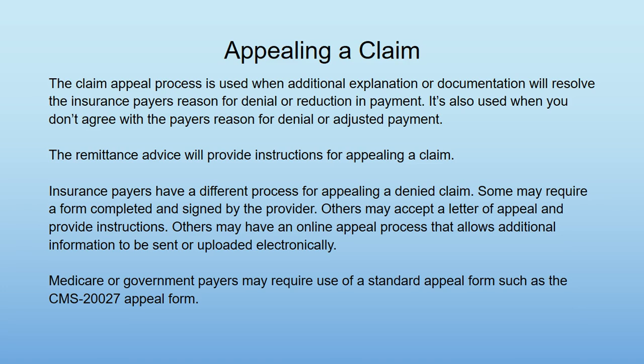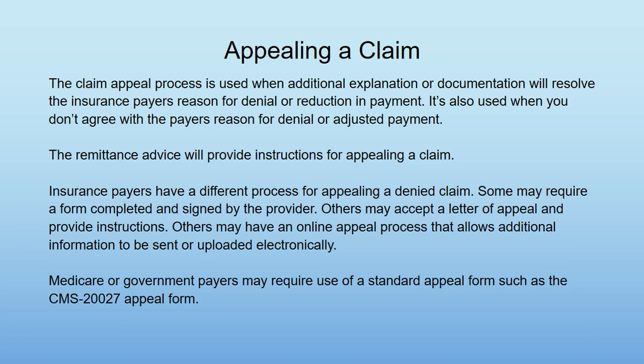Some require a form to be completed and signed by the provider. Others may accept just a written letter of appeal and provide instructions for doing that. And still others may have an online appeal process that allows you to upload or send information electronically. Medicare and other government payers will have a different appeal process that usually requires a standard form such as the CMS 20027 appeal form.